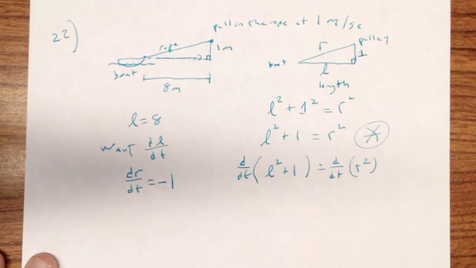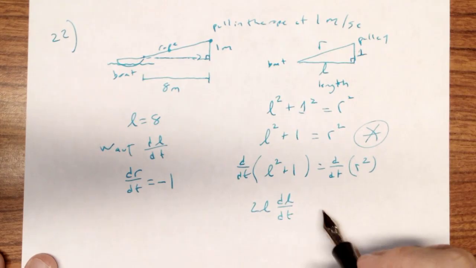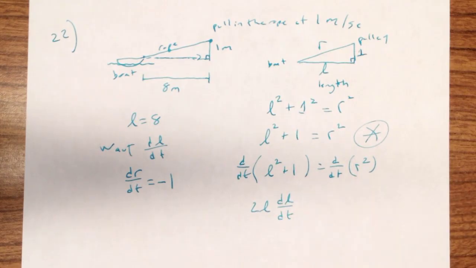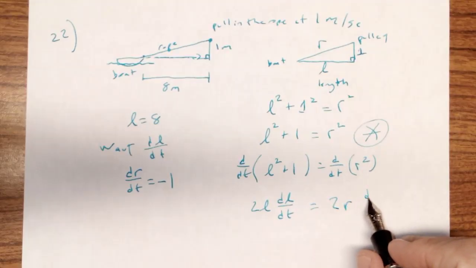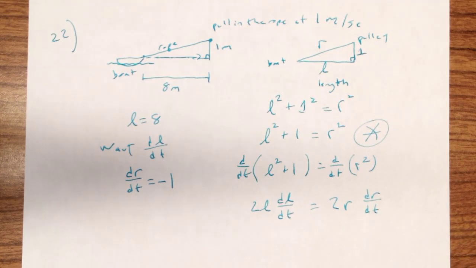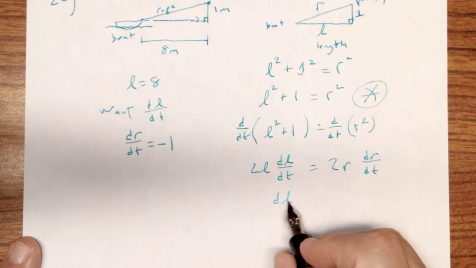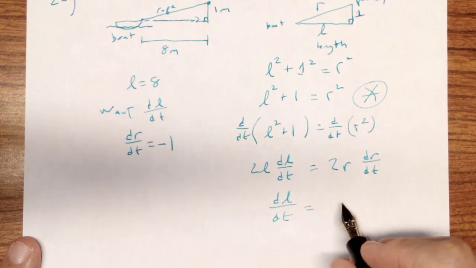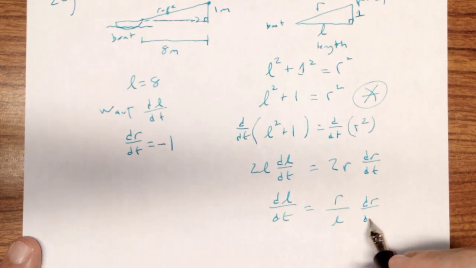Derivative of L squared is 2L dl dt. Derivative of 1, there should be a chorus here, 0. The derivative of R squared, 2R dr dt. So now I know that in order to find dl dt, I need to divide. And dl dt is R over L, because the 2's cancel, times dr dt.